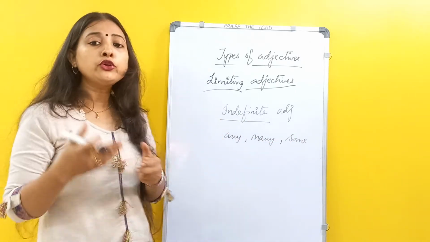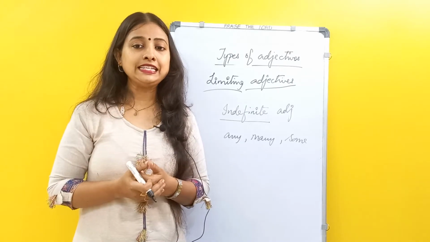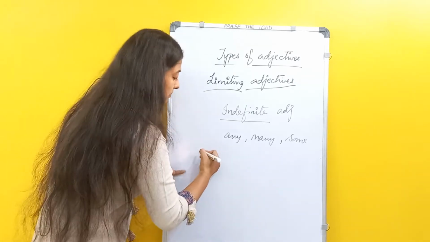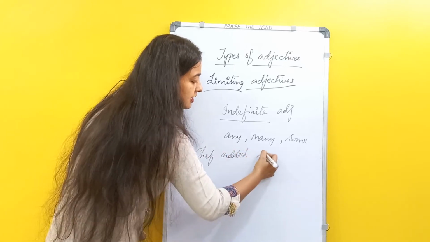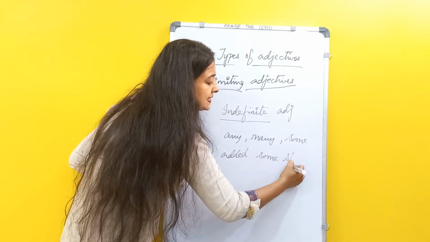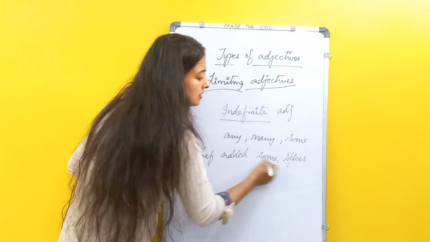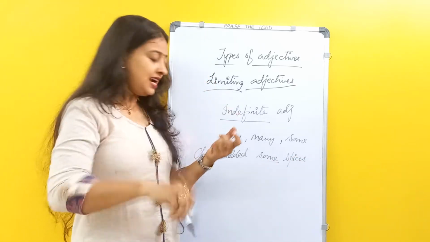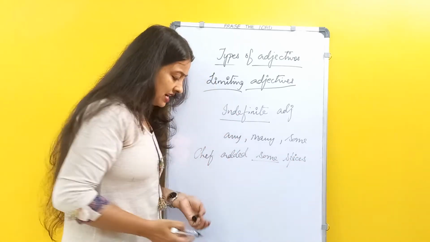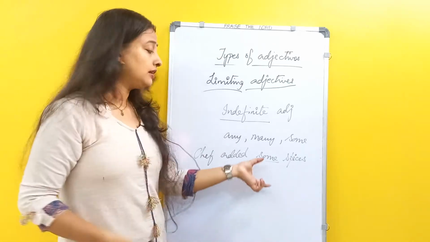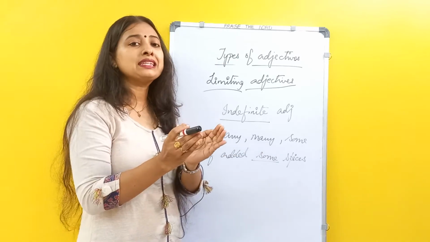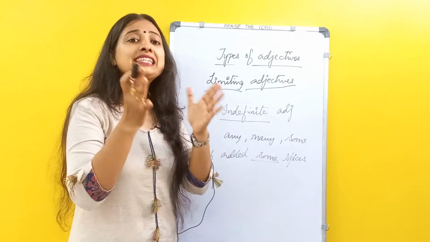Now if you want to use it in a sentence, you can say, the chef added some spices. So we are trying to tell about quantity, some spices, but it is not an exact number.